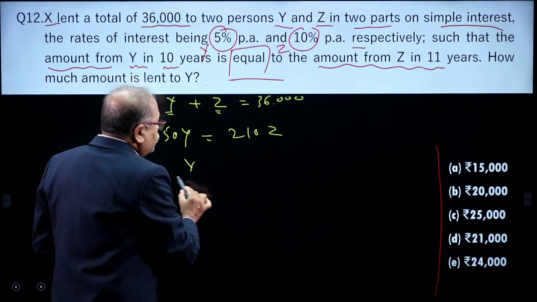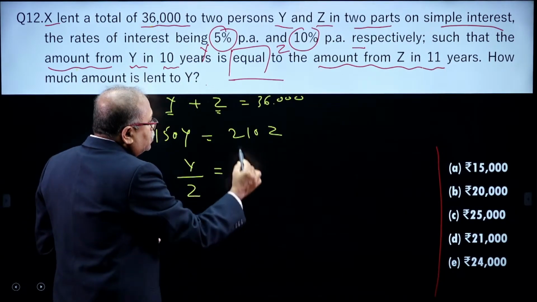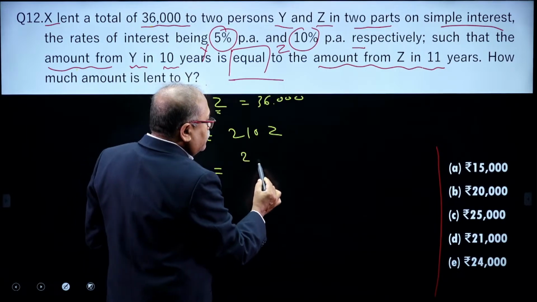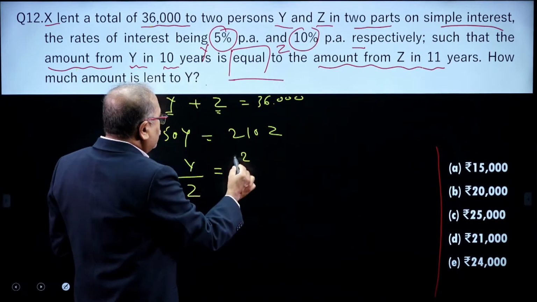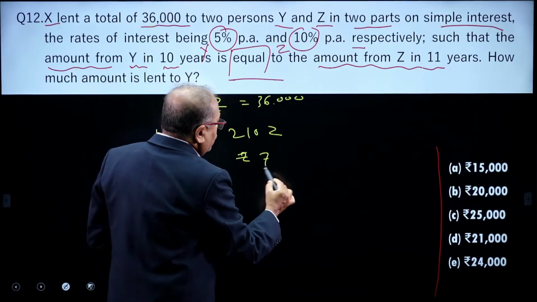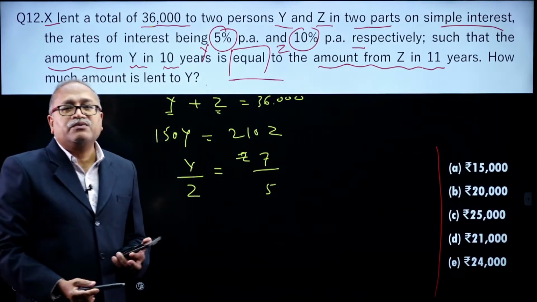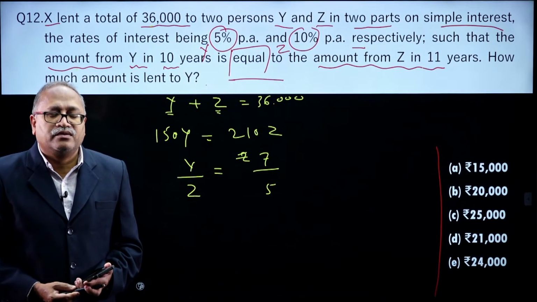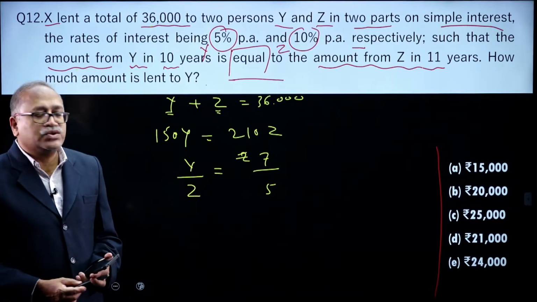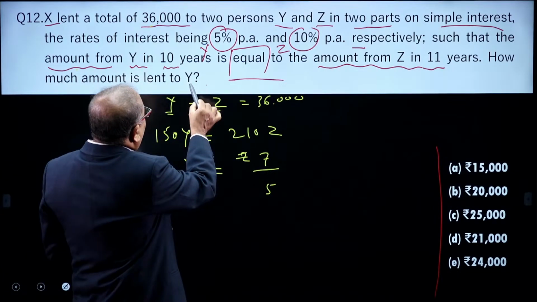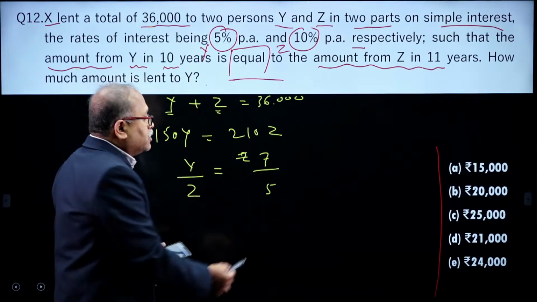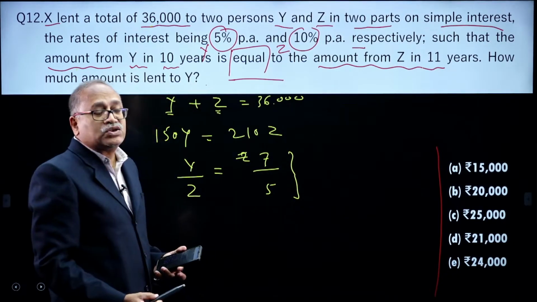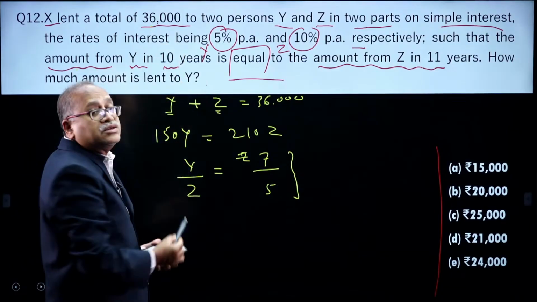So, what is the ratio of Y to Z? The ratio of Y to Z is 210 to 150, am I making any mistake? No, cancel the 0s and with 3, it is 7 and 5, 7 by 5, we got the Y to Z ratio. So, you are asked to find out how much money is given to Y. So, 7 parts is given. What is the total parts? The total parts is 12. What is the total money? 36,000.